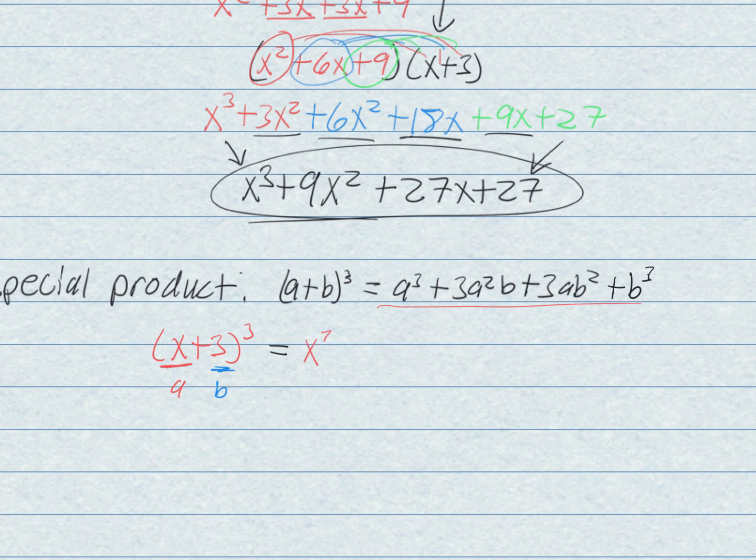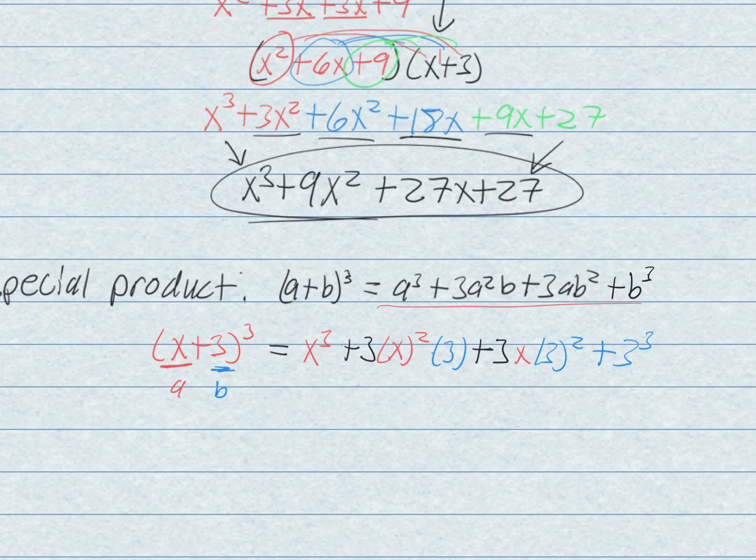It's going to give us x cubed, plus 3 times x squared, our a is an x, times 3, b is our 3. And then plus 3, and then our a term is our x, and then b squared, we're going to write 3 squared. And then plus b cubed is going to be plus 3 to the 3rd power.